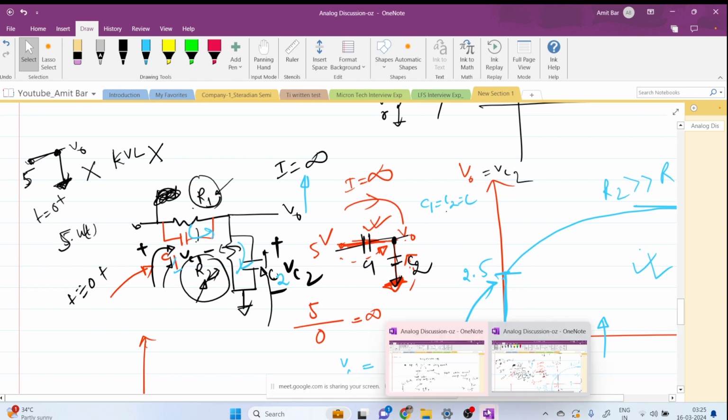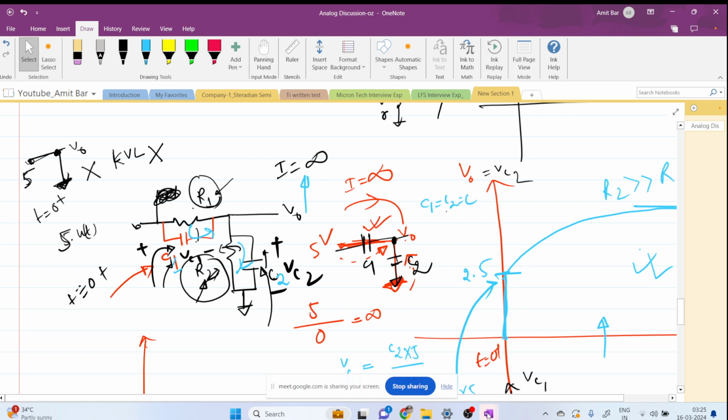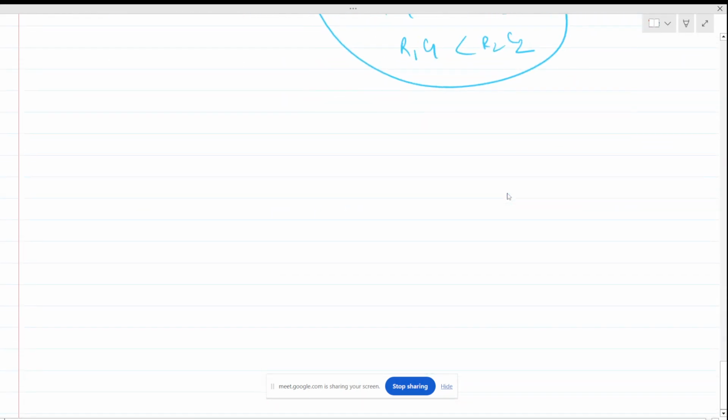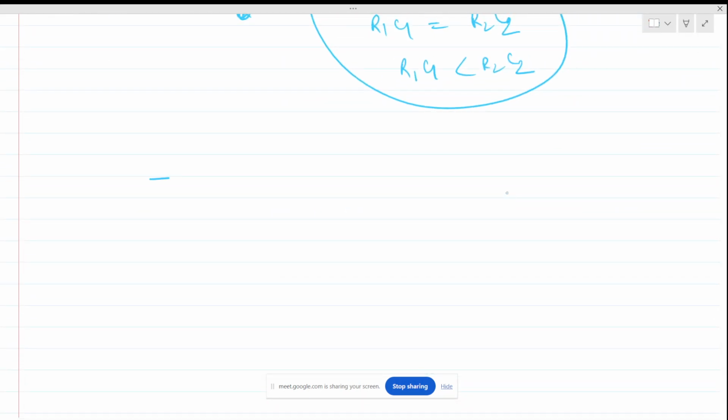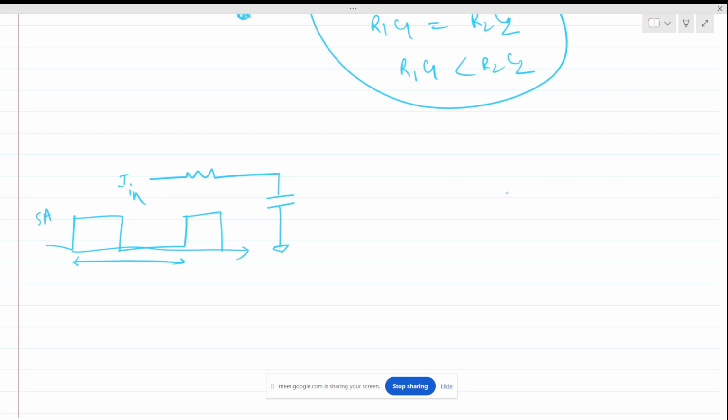So now another important circuit I am giving. If we do a current input here, let's say 5 amps, and this is the time period.